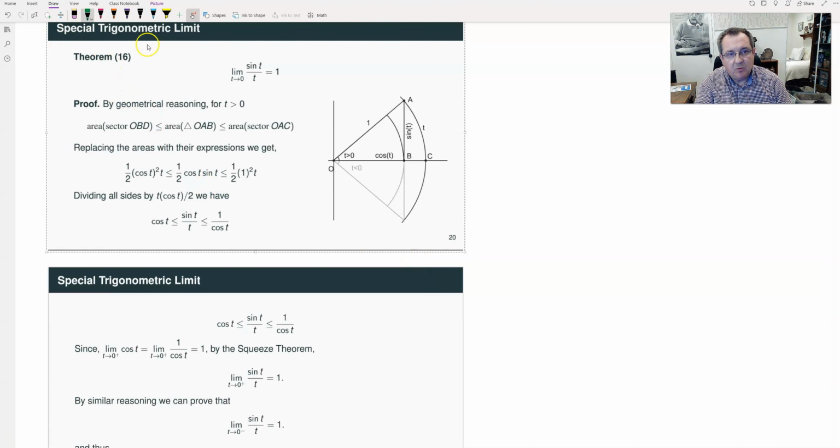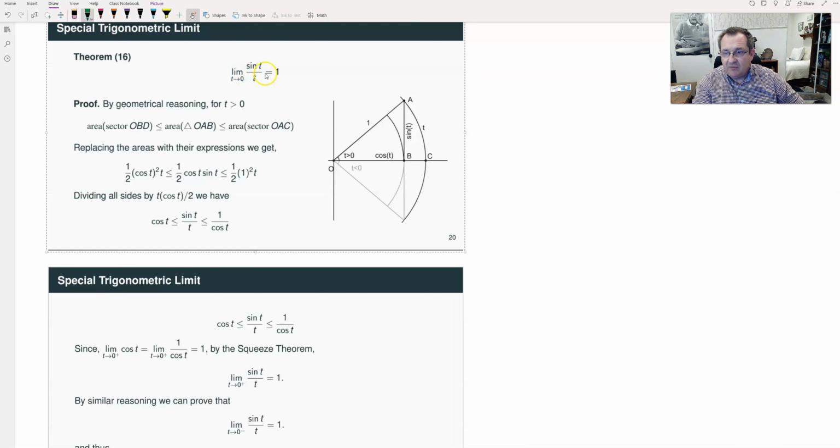Let us consider one more application of the squeeze theorem to establish the special trigonometric limit. The special trigonometric limit consists of limit of a fraction sine t over t as t approaches 0, and the value of the limit is 1. Why is this limit special?